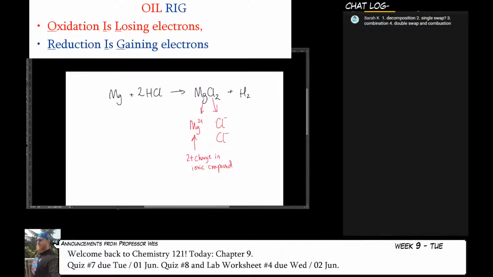If I went over here and I asked you what the charge of this magnesium was, you can't say +2, because if you did, we'd have an issue. There's nothing written there, right? This is just magnesium metal.